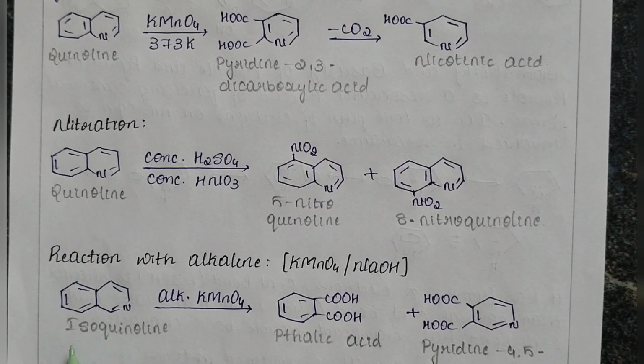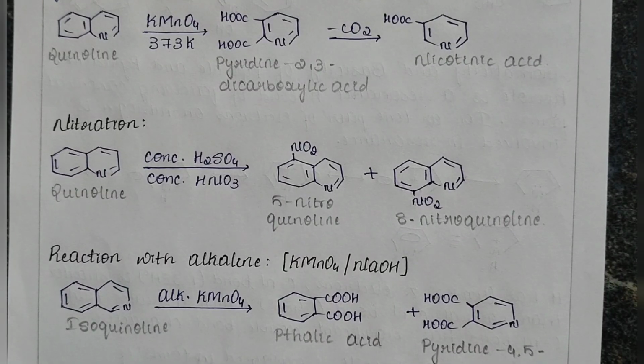Thus the name isoquinoline. So when this isoquinoline reacts with alkaline KMnO4, we'll get two corresponding products, that is phthalic acid and pyridine-4,5-dicarboxylic acid. So this was the synthesis and reactions involved in quinoline.